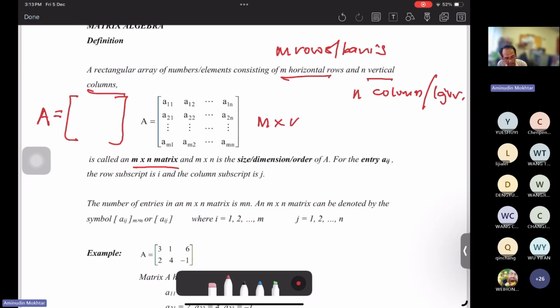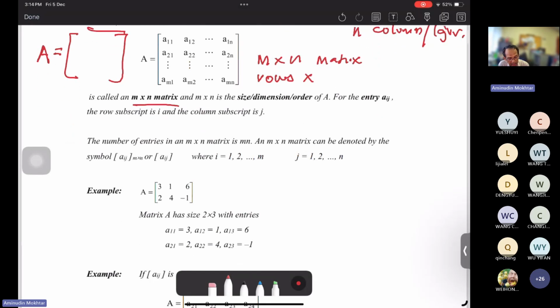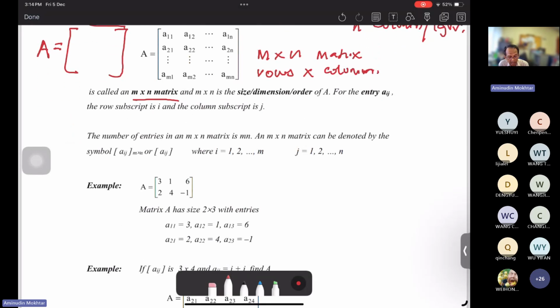In other words, M is the number of rows times N, the number of columns. That is the basic definition of matrix.